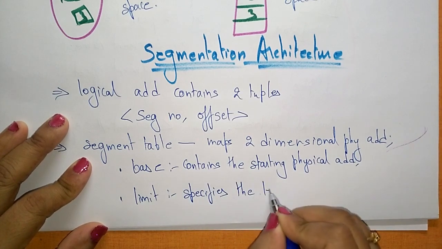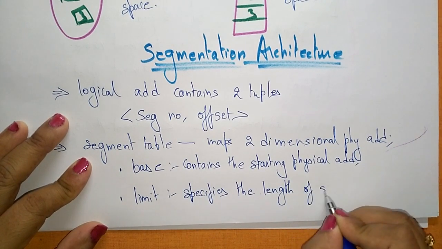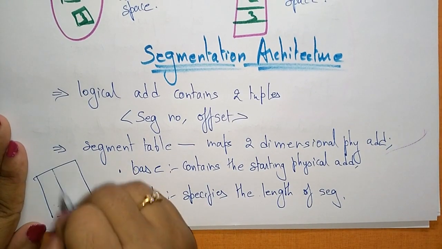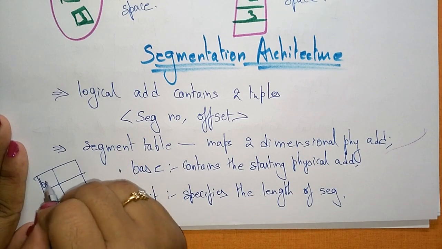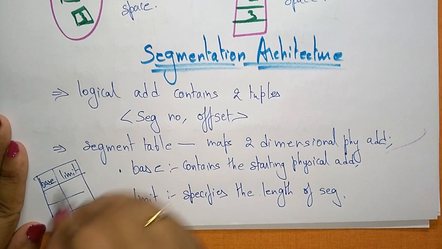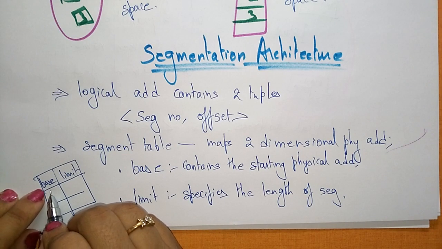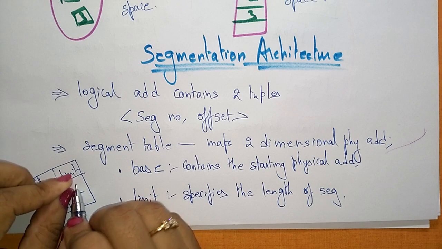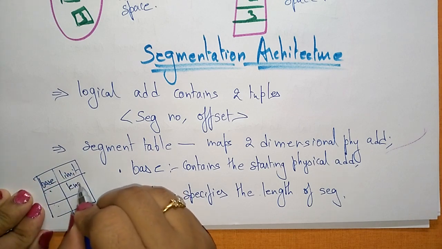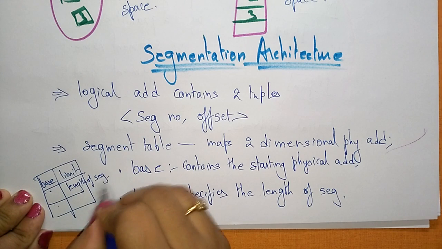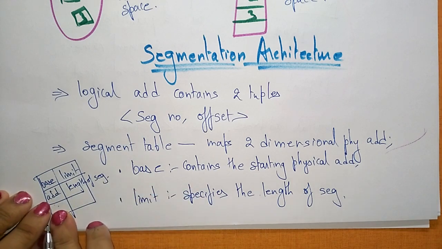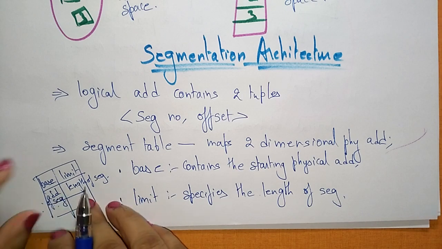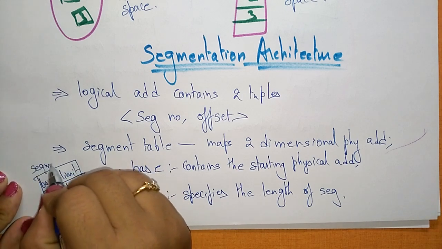So the segment table consists of base and limit: the base holds the starting physical address where the segment resides, and the limit gives the length of the segment. This completely is called a segment table.